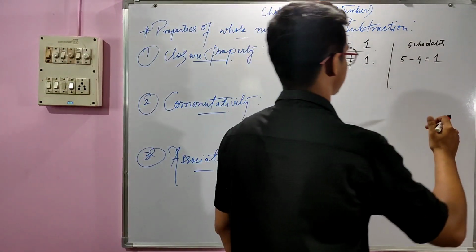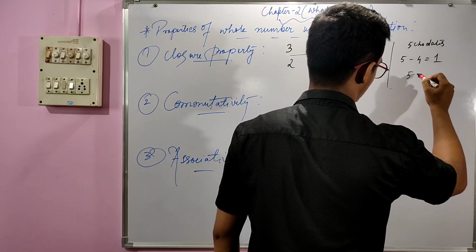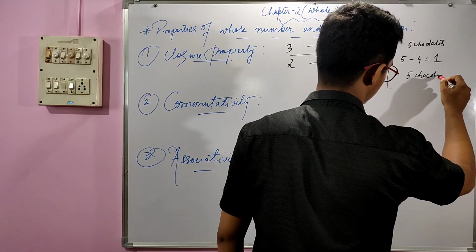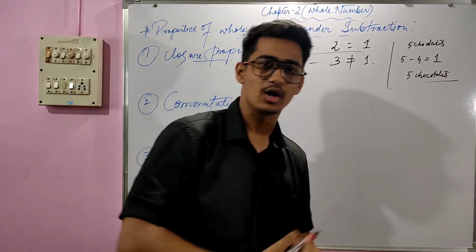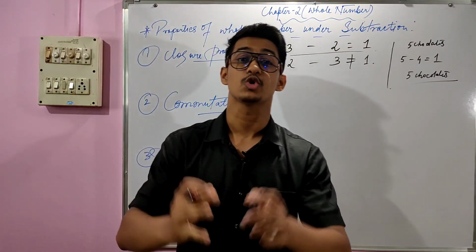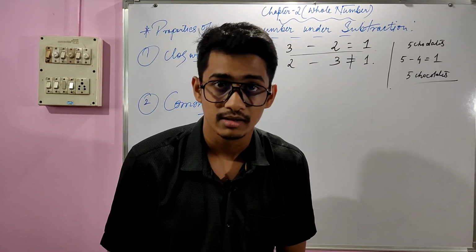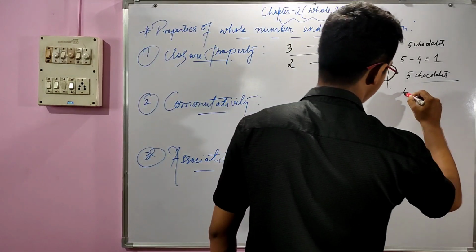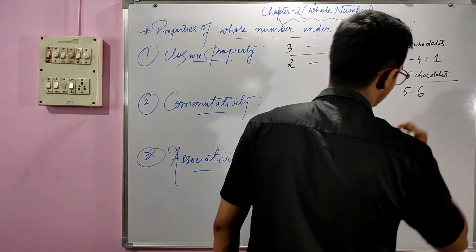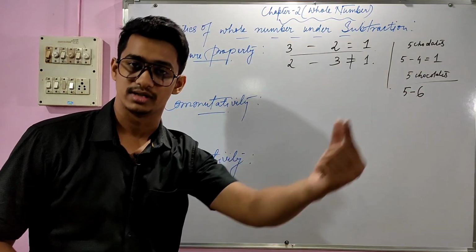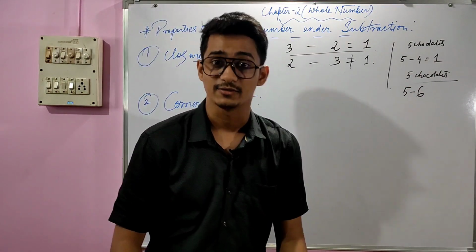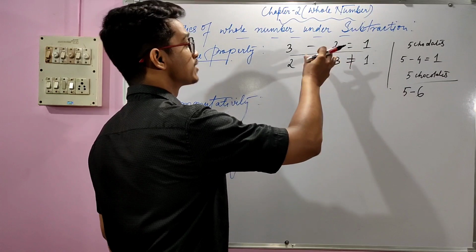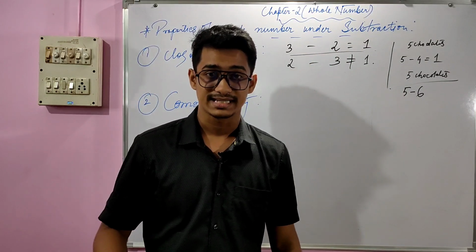Just reverse this case. You have 5 chocolates, and right now I am demanding 6 chocolates from you. Can you give me? No, it is not possible. You cannot give more than 5. So that means it is not a whole number case.